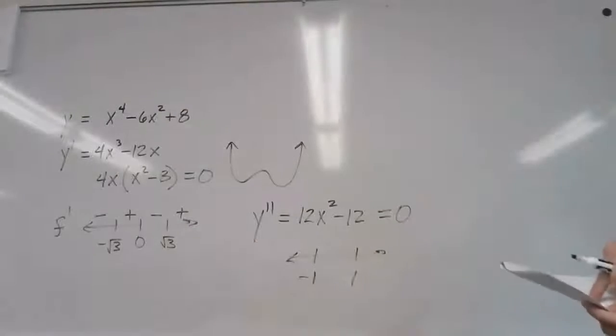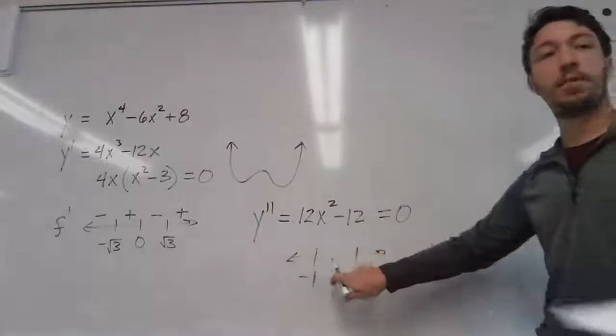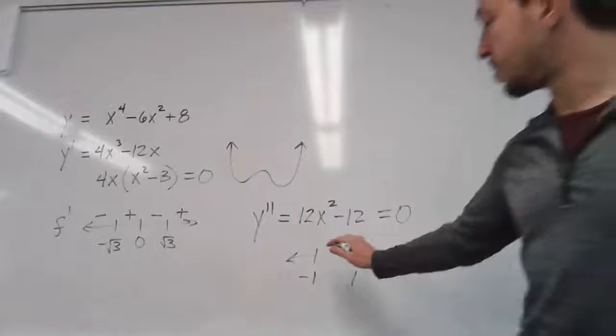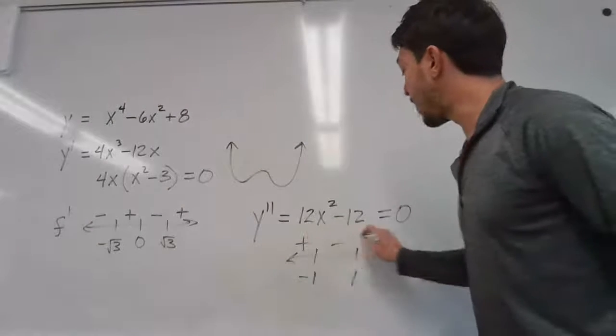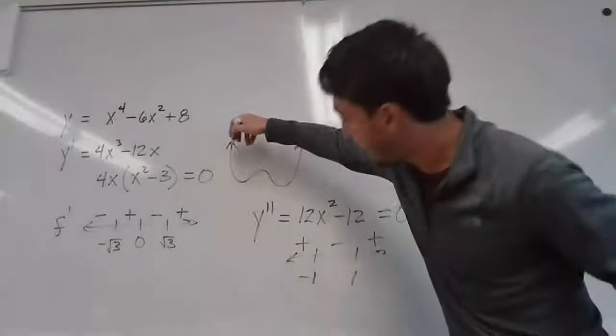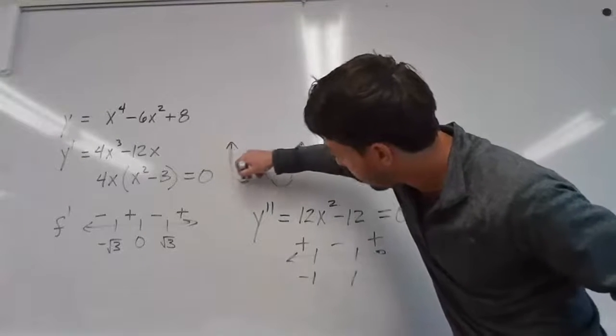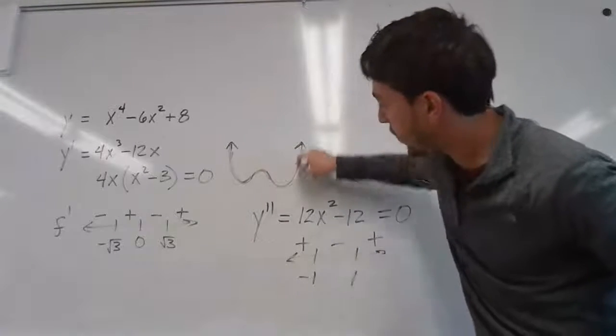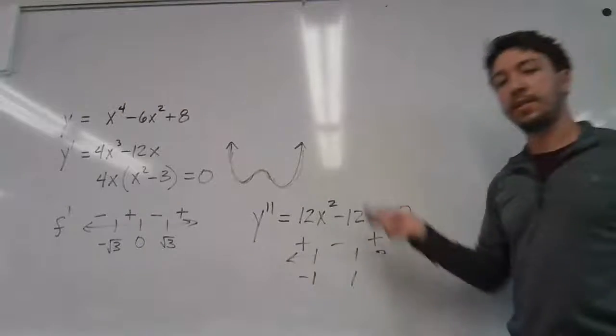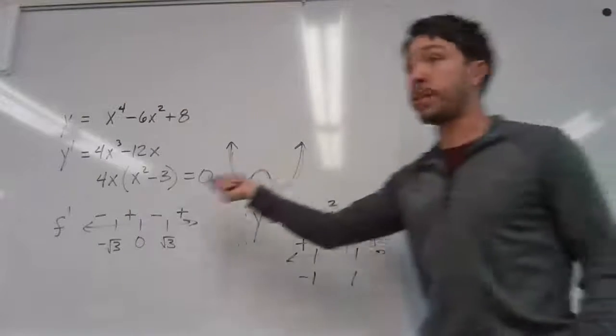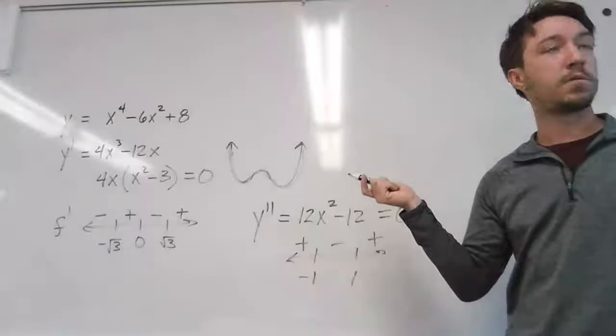The problem is you do not want 0 on this number line. If you test this out, you're going to get positive, negative, positive, which tells us concave up, concave down, concave up. So when all is said and done, this agrees with this shape.